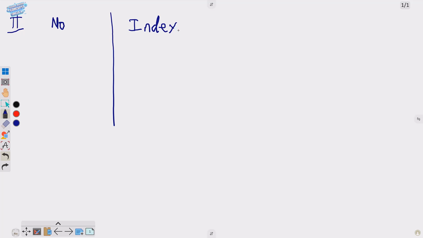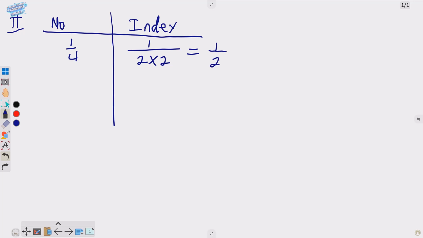If you have 1 over 4, now this will be 1 over 2 times 2, right? So this will be 1 over 2 raised to power 2, which will be 2 raised to power minus 2. Now the 1 over, it will become negative. It's one of the laws we've discussed.